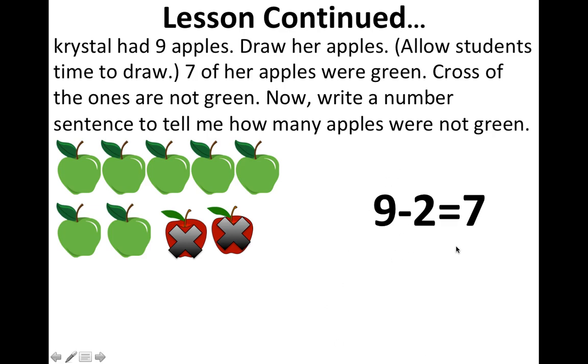So if it is the other way around, for example, if you say 9 minus 2 and your answer is 11, or your answer is bigger than 9, that means that it's incorrect. In subtraction, the numbers for the answer always go smaller. So it's 9 minus 2 equals 7.